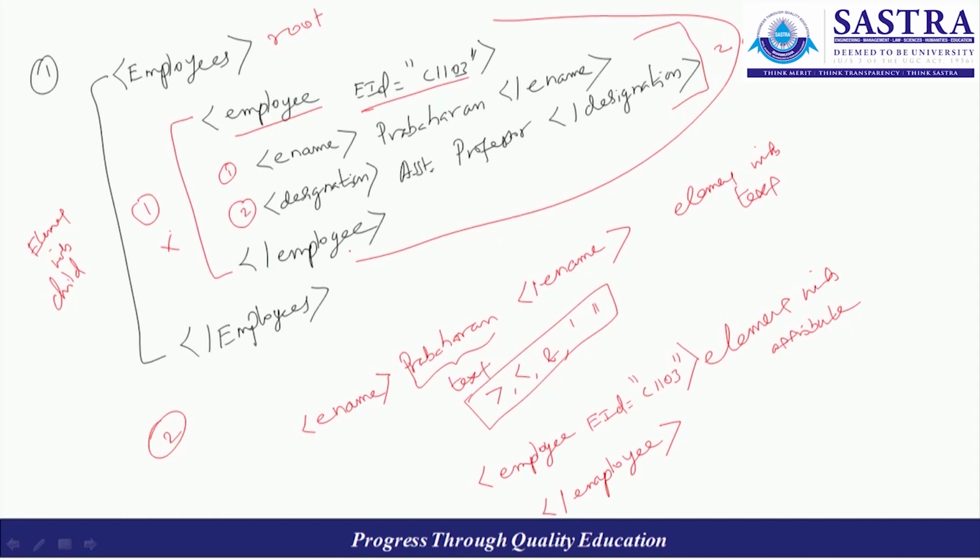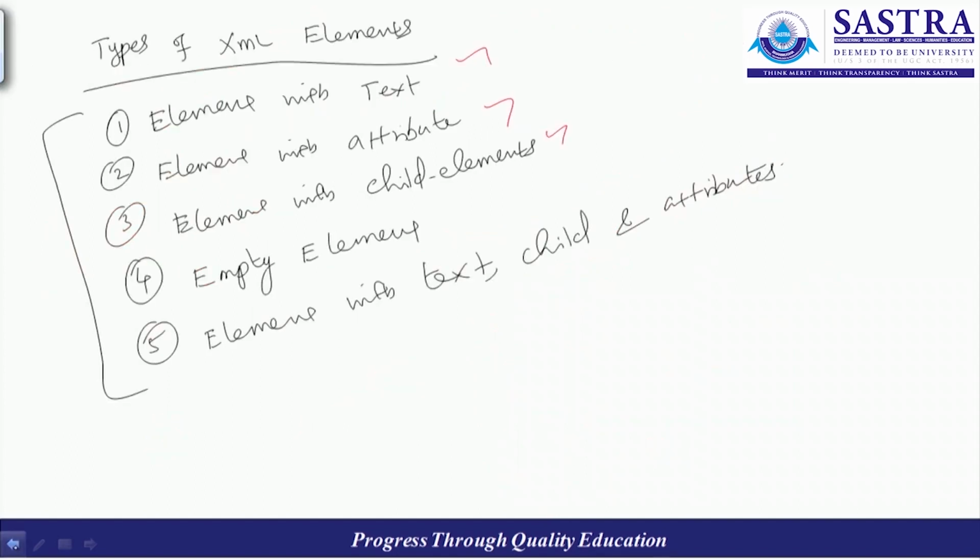So in this document, how many elements are having child? 2. One is this one, and another one is this one. So employees, plural, has one child element, and also the employee, singular, has 2 child elements. This is element with child elements.